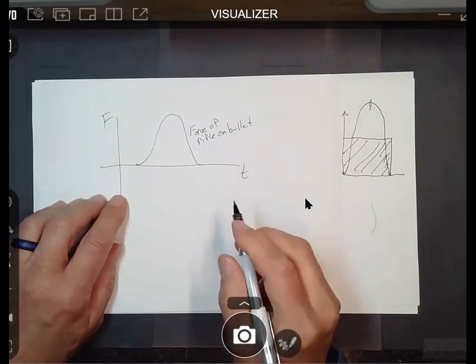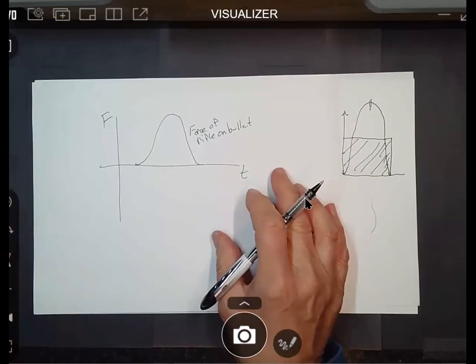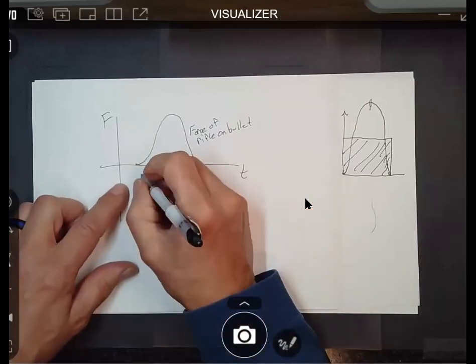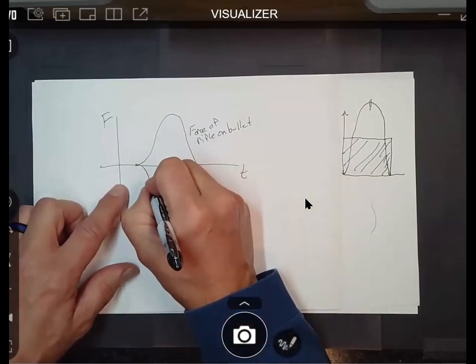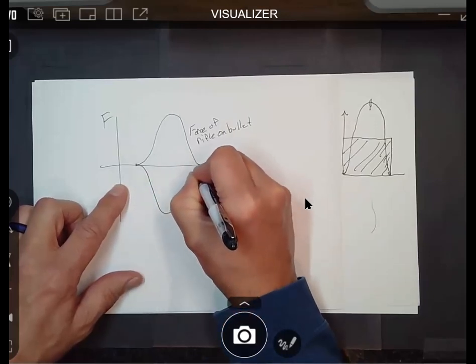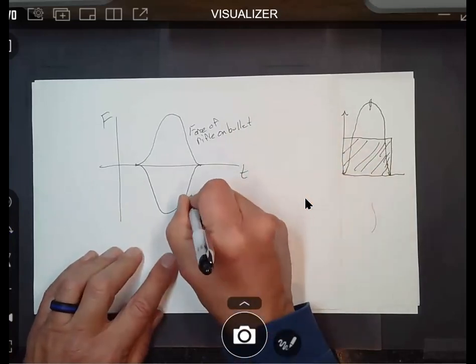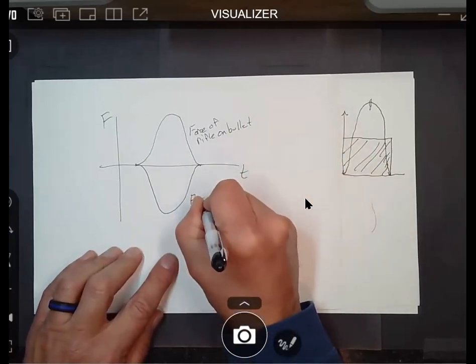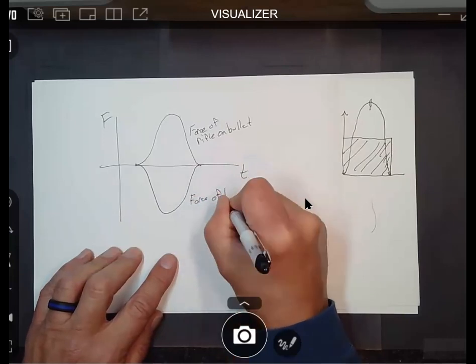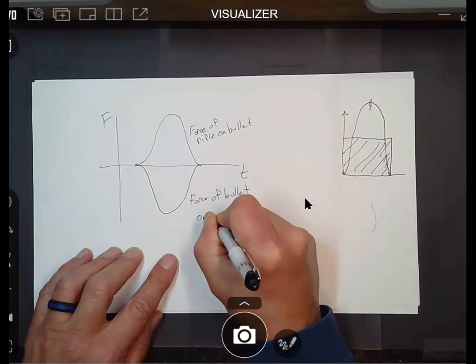Well, Newton's third law still works in situations like this. It always works. The bullet will exert a force on the rifle that is equal and opposite at every instant. And so this would be the force of the bullet on the rifle.